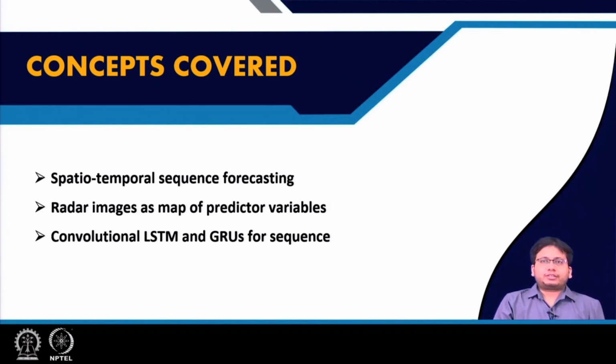And as we discussed in the previous lecture, these remote sensing images can act as a proxy for different meteorological variables. They may not be directly measured by the remote sensing imagery, but the imagery can act as a proxy for all those variables.